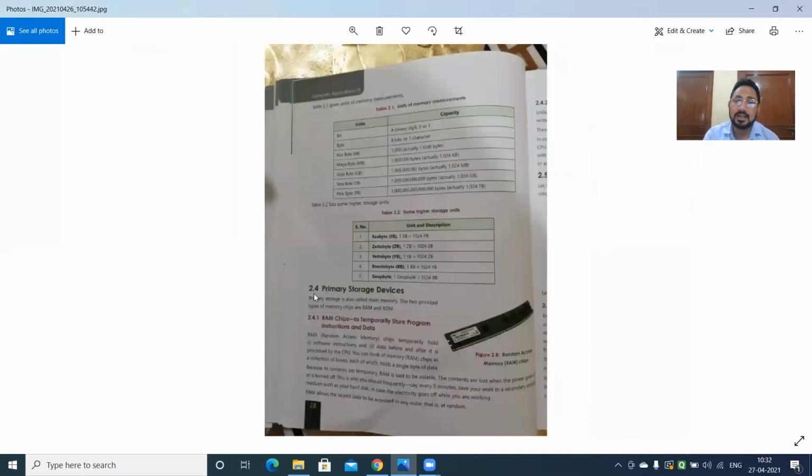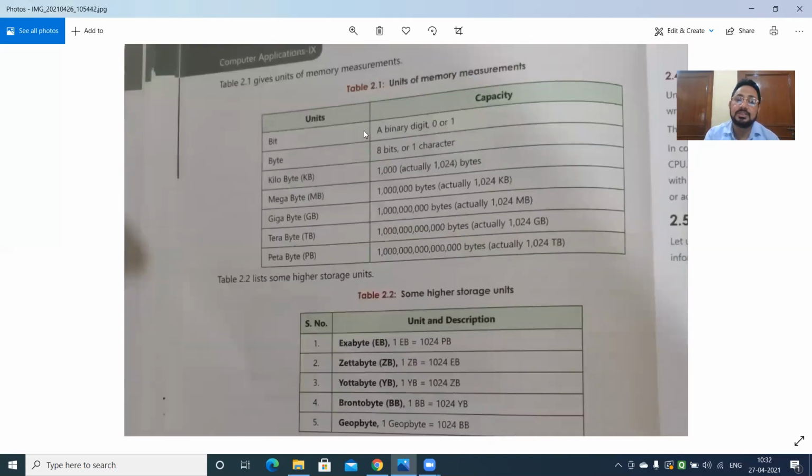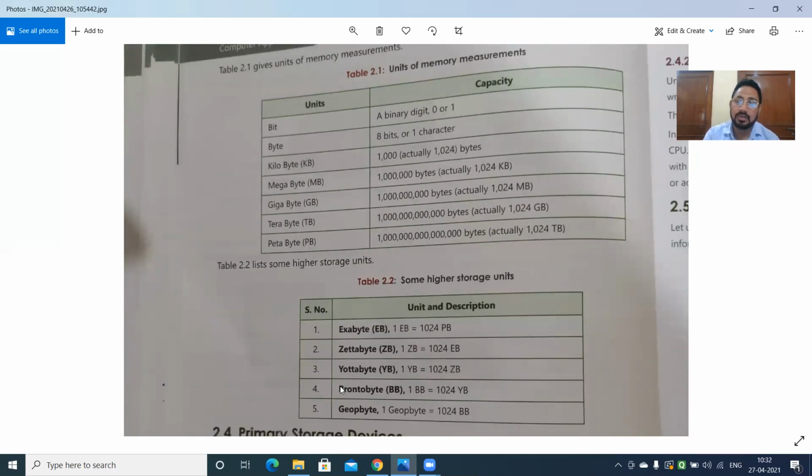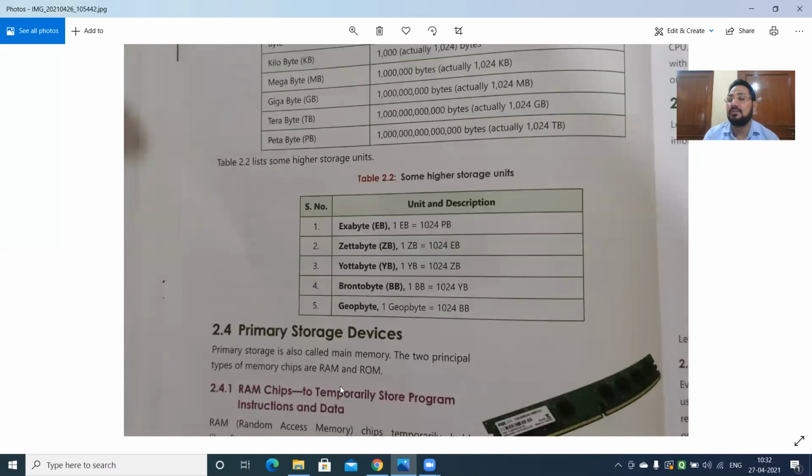Here one chart was given. I said it is better to learn this: bit, byte, kilobyte, megabyte, gigabyte, terabyte, petabyte, then exabyte, zettabyte, and so on. These are the different storage units which I have already explained.